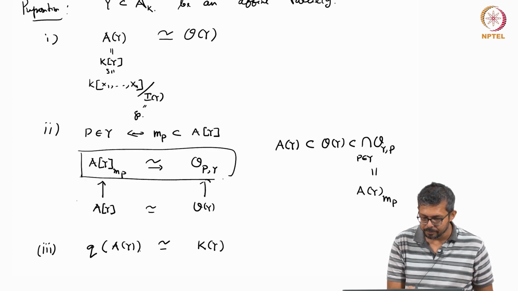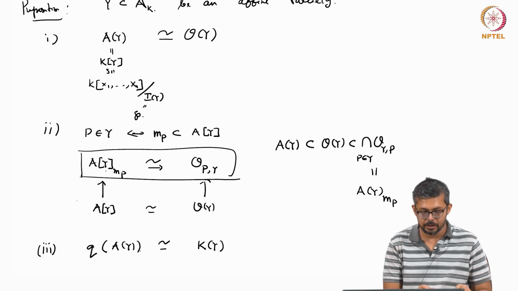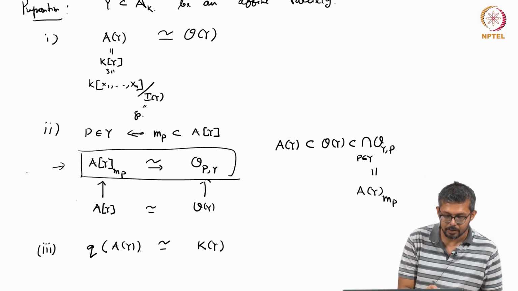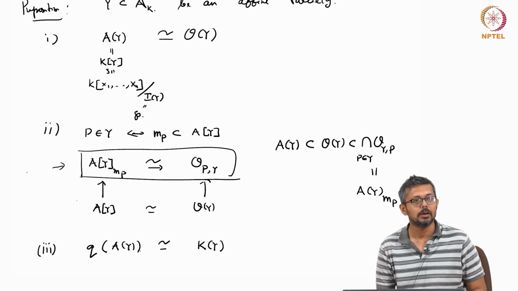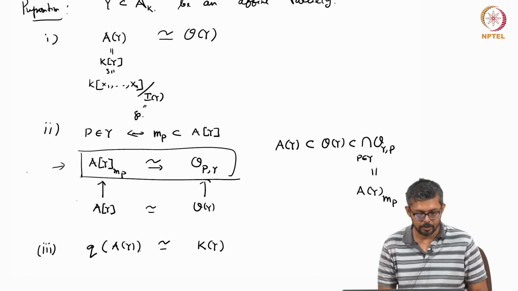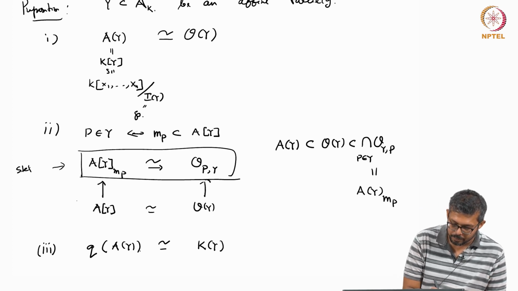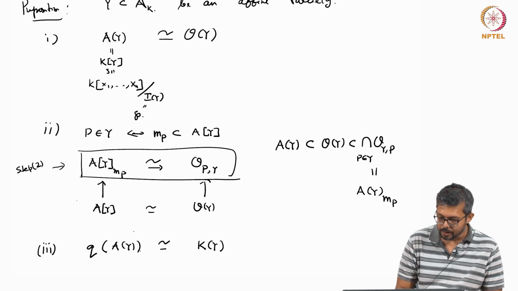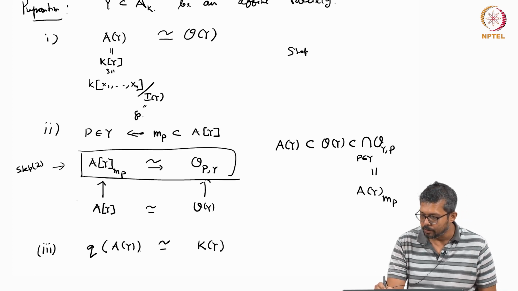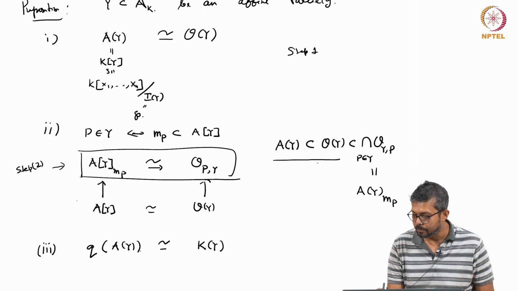This is easy. So this is step 1, I think, right? This is step 2. What is step 1? Step 1 is A(Y) is a subset of O(Y). Okay. Yeah. So this is step 2. And step 1, I think you prove this. This is step 1.